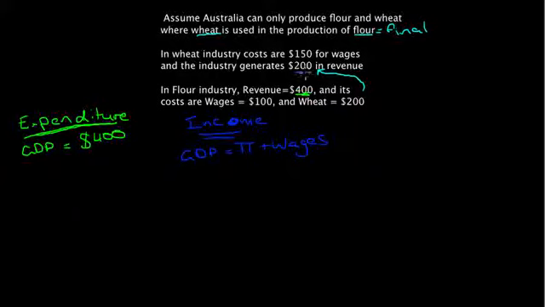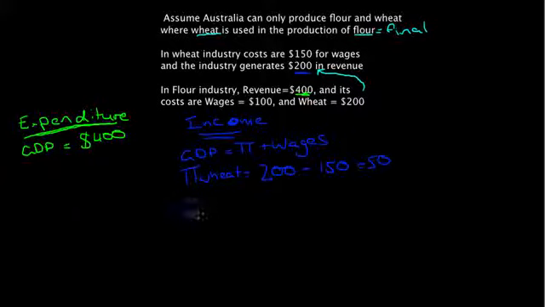We've got $200 in revenue, and their costs are $150. So profit for wheat, pi for wheat, equals the revenue, 200, minus any costs they have, which is 150. That equals 50. Now the wages are given as 150.